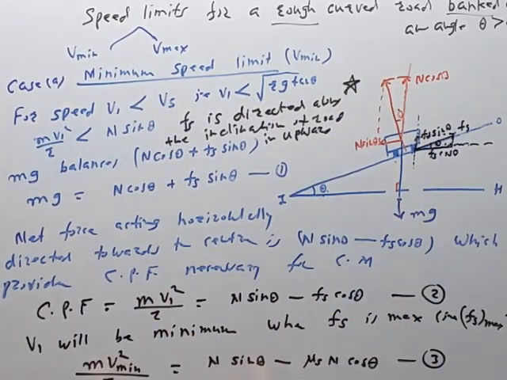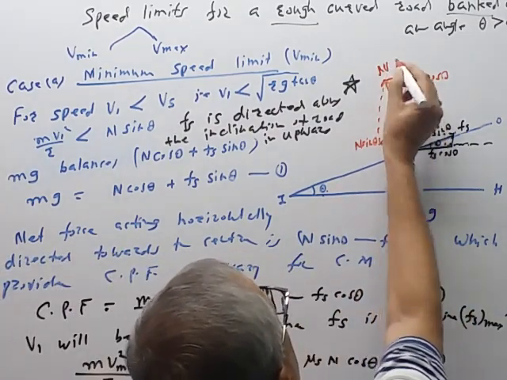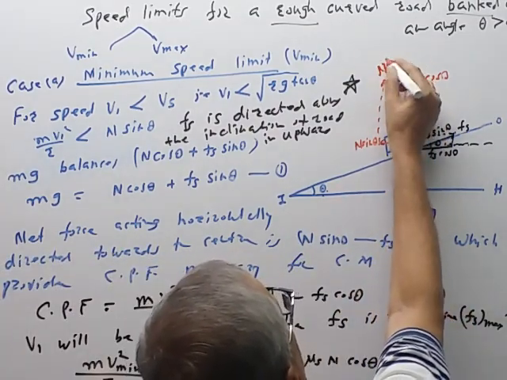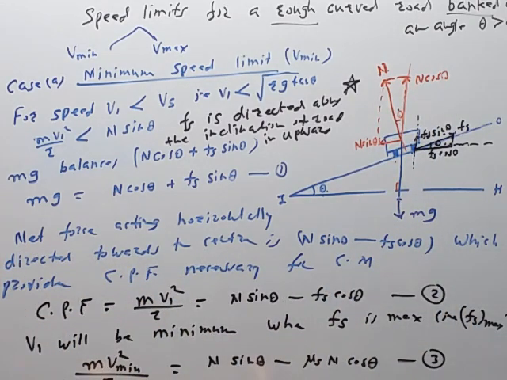It is always perpendicular to the surface in contact, the road surface, like this. So N is also resolved into two components, N cos theta and N sin theta.